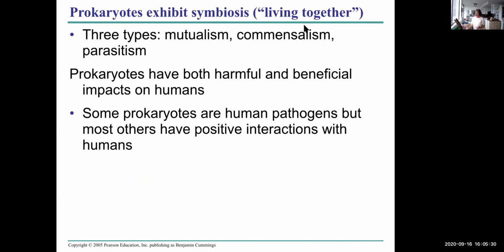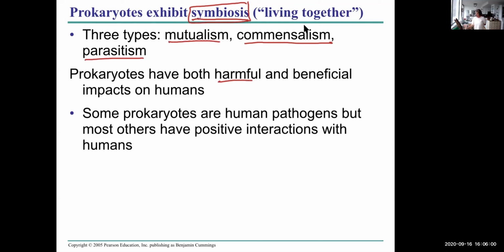Symbiosis is a term that's used rather loosely, but to be more specific, there are really three kinds. Mutualism: both benefit from the arrangement. Commensalism: one benefits, one doesn't care. Parasitism: one benefits, usually the bacteria, and the host suffers.